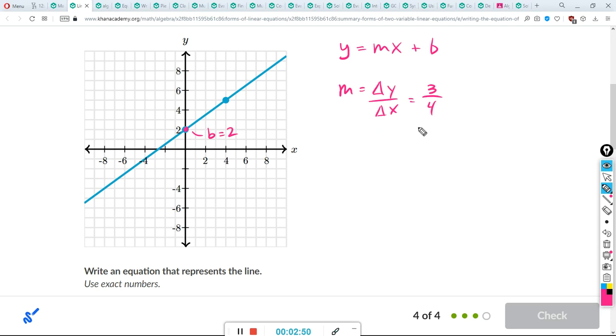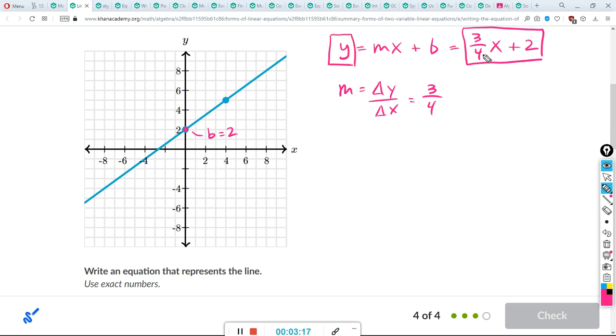And now we can write our equation. So m, we said, was 3/4, times x plus b, which is 2. So we're going to enter that in the box, also the y equals part.